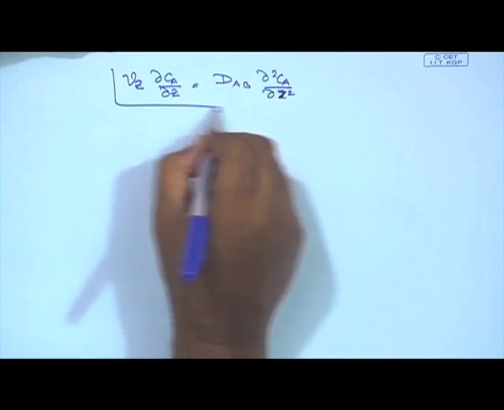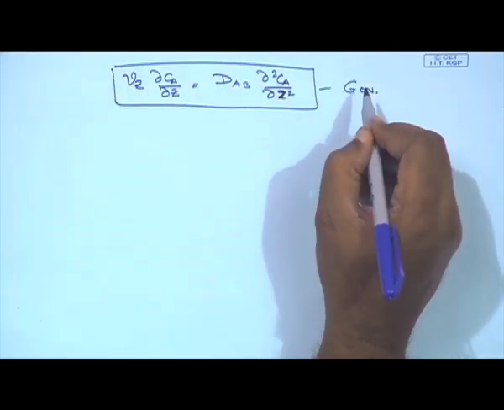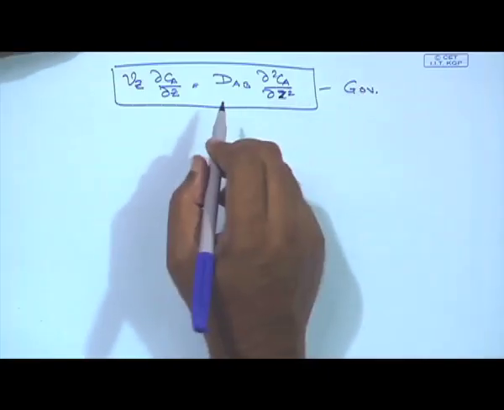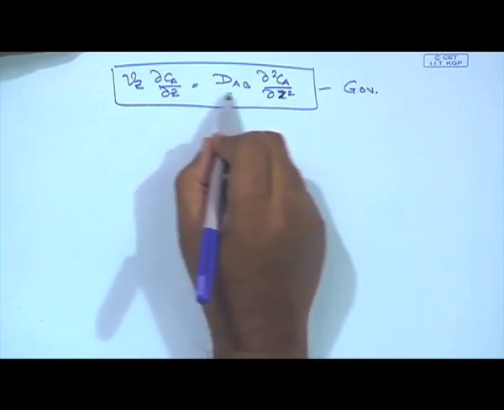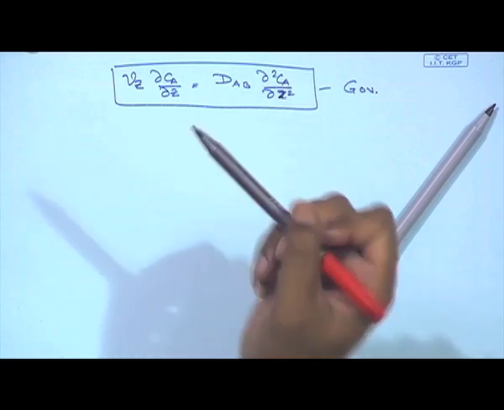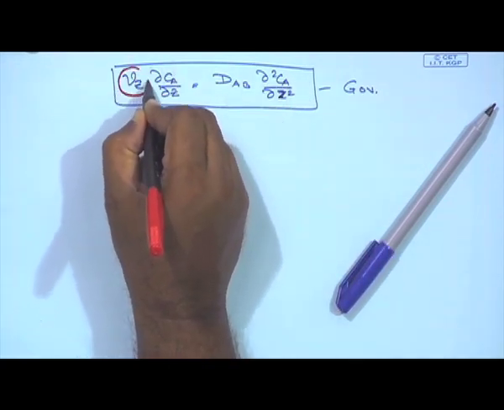So this is going to be my governing equation, but I would like to draw your attention to the dependence of the species transport equation on the solution of the momentum transfer equation.